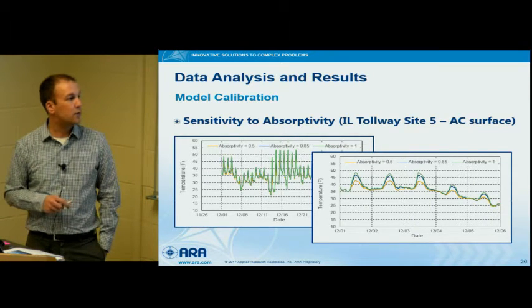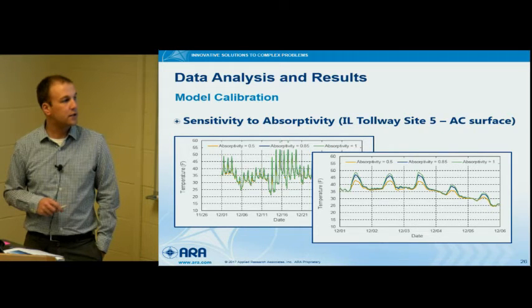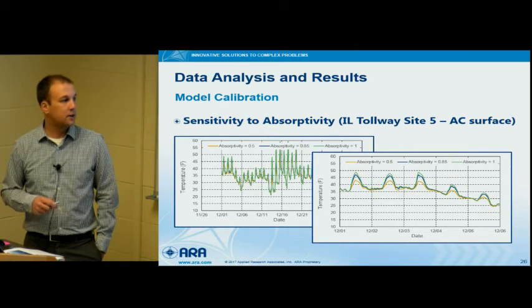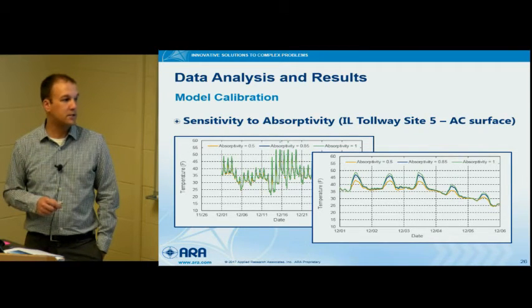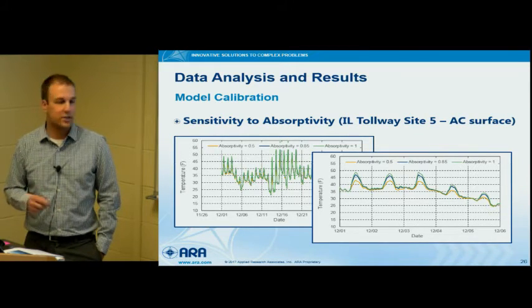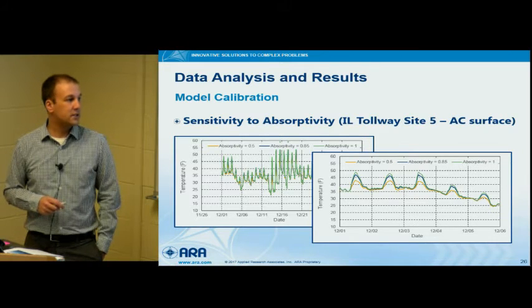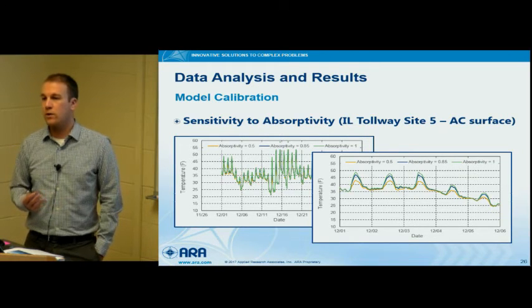So this is one particular project or site where we changed the absorptivity to 0.5, and 0.85 was the default, and then 1 is the upper limit that we specified for this example. These might not necessarily be realistic for a particular project, but it gives us an indication of what these values do.